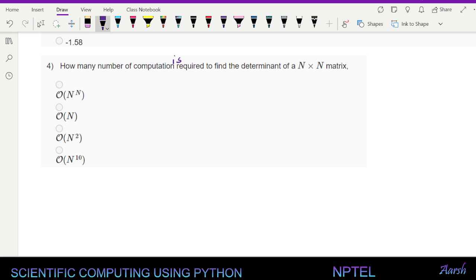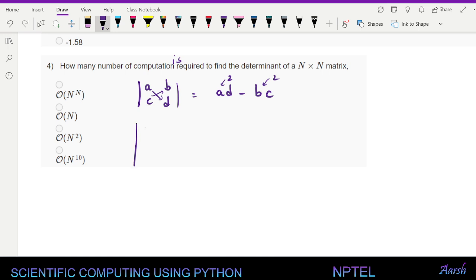Maybe they wanted us to do it on our own. So let's do it. How do we compute a determinant? If it is 2 by 2, then it's easy, right? The cross multiplication, it is AD minus BC. So we did 2 multiplications here.